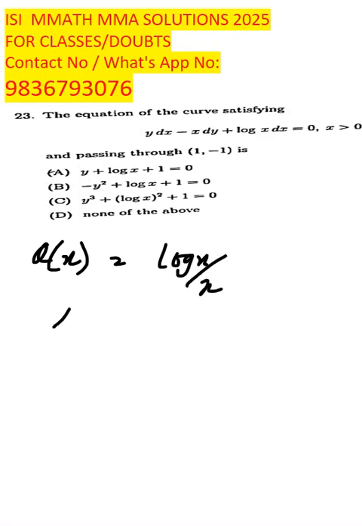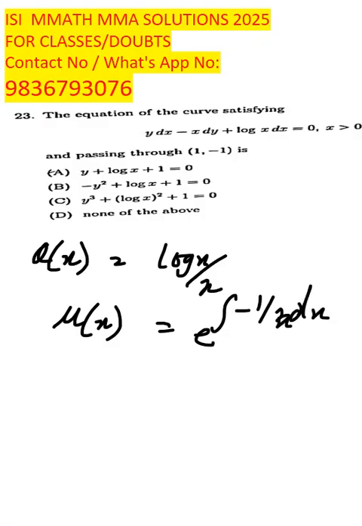So integrating factor e to the power integral of -1/x dx. So that is e to the power -log x. So that is 1/x.